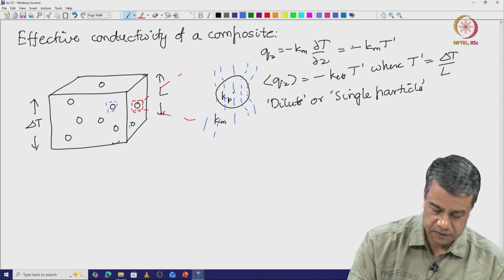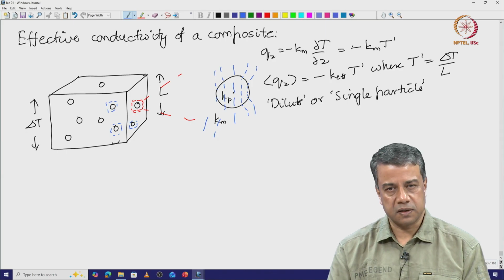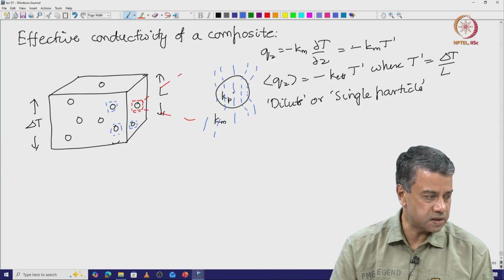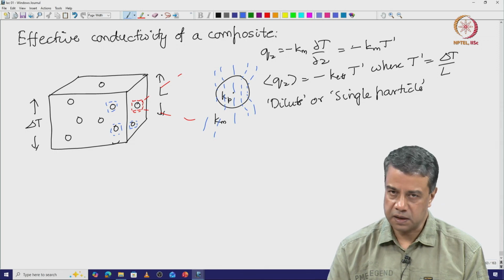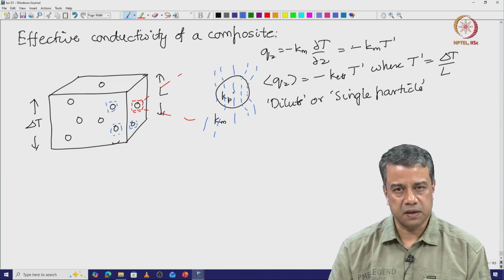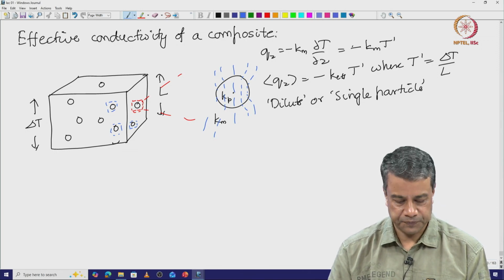The particles are sufficiently far apart such that the temperature field around one particle is not affected by the disturbance to the temperature field around the other particle.